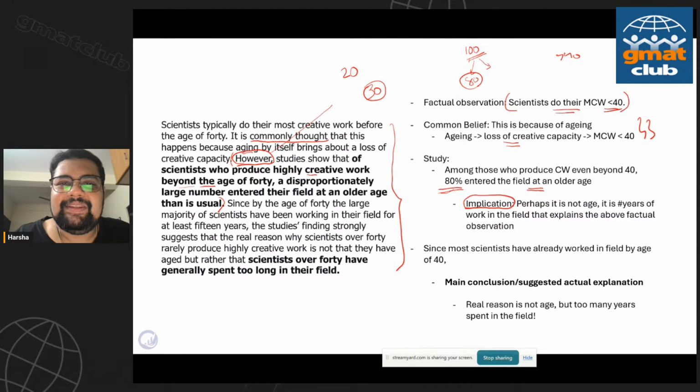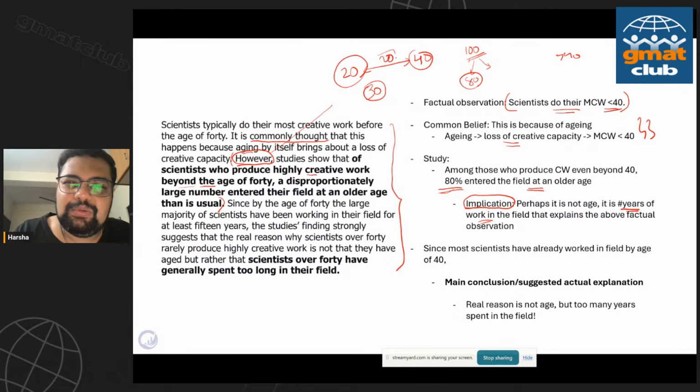Maybe it is the fact that those people who typically enter into these fields enter way too early. Maybe it's about the number of years of work they have done in the field. Maybe for the person who's entering at 20, by the time they hit 40, they have worked for 20 years in that field. Their brain is saturated, no more creative ideas. Whereas for a person who just joined the field at 30, only 10 years in the field, that person is still able to produce great output even after turning 40.